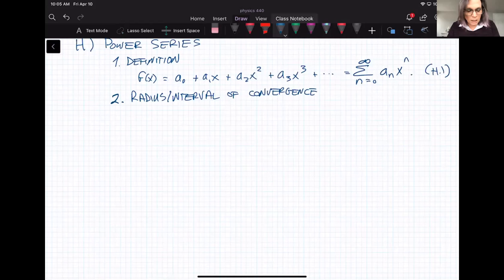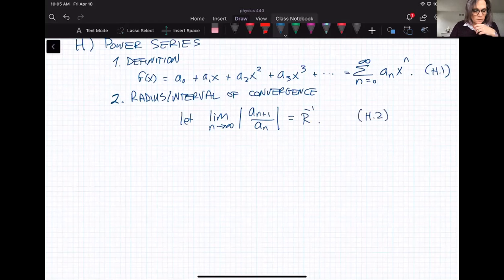So we'll let the limit as n goes to infinity of the coefficient for n plus 1 over the previous coefficient for n be equal to r to the minus 1. That's our radius, or the inverse of our radius.